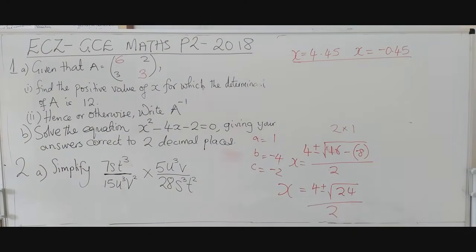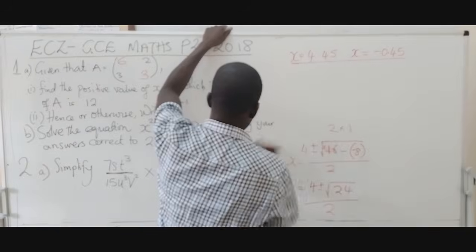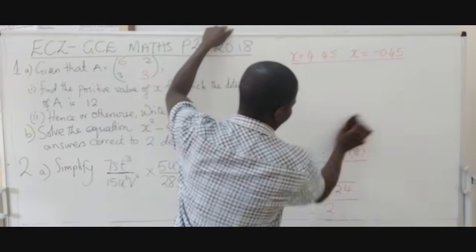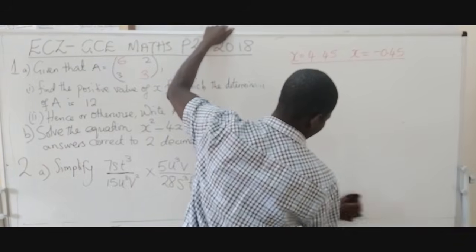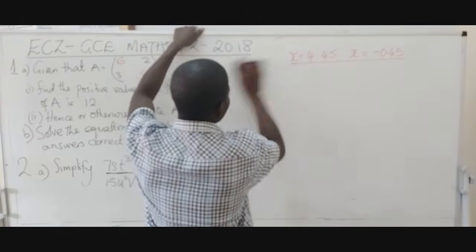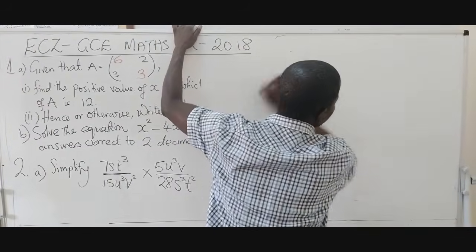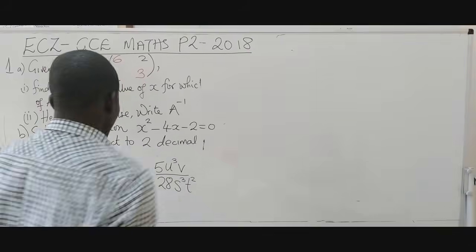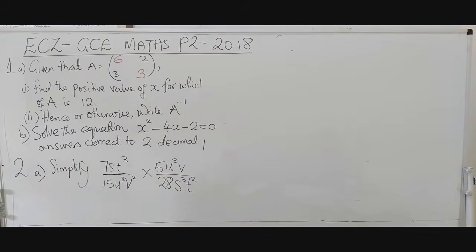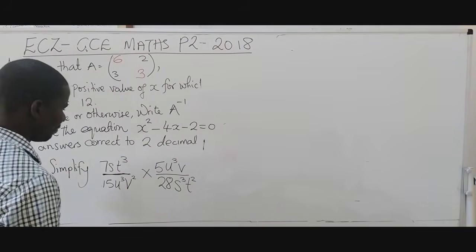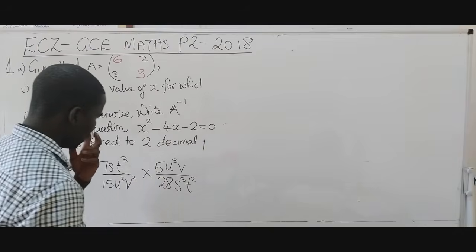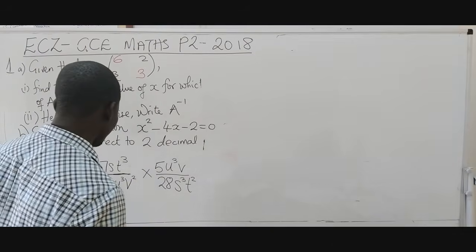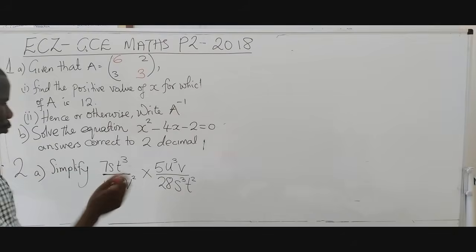So we look at question 2a. We are told to simplify this. In other words, we are multiplying algebraic fractions. So what are we supposed to do here?